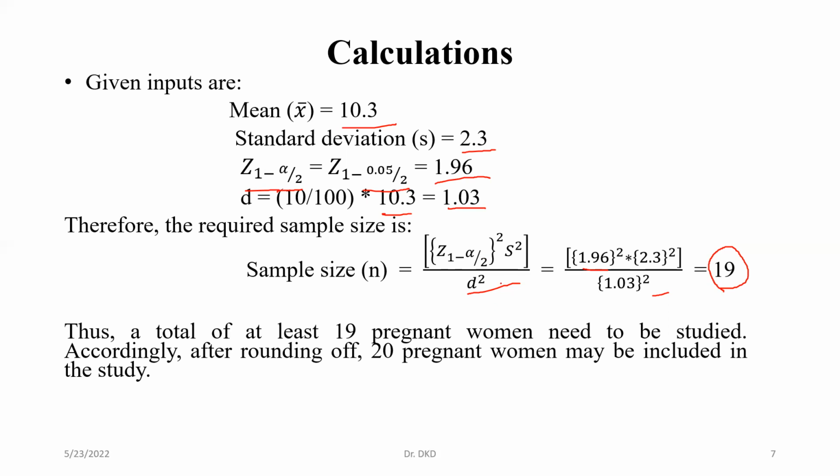A total of at least 19 pregnant women need to be studied. Accordingly, we can round off, and we can take 20 pregnant women to be included in the study. So these are the basic steps for calculating the minimum sample size if we have a quantitative variable whose mean and standard deviation are reported. Thank you.